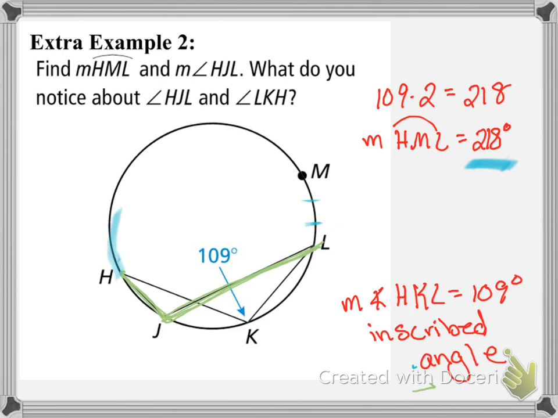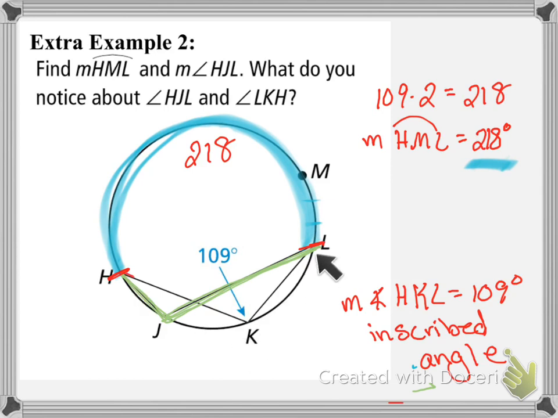Let's bring that back. We know this arc has a measure of 218. We just figured that out. From here to here has a measure of 218, and we got that from using H to K to L. But H to J to L is also an inscribed angle there.